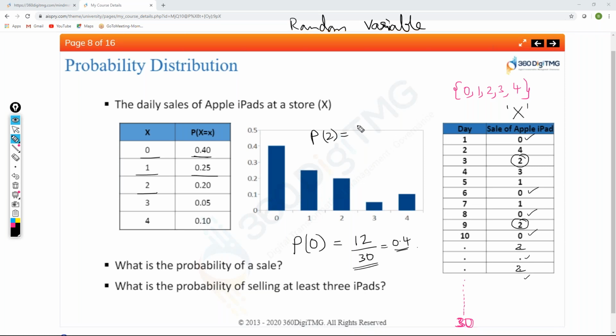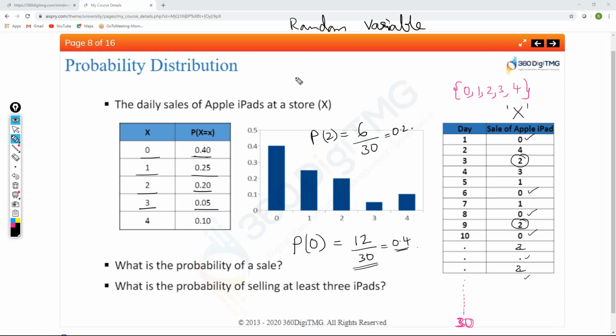Say you sold 2 Apple iPads on 6 days. Number of interested events is 6, divided by the total number of events, say we have 30 days of data, so you divide it by 30, and then you get 0.2. That's what is listed down here. Probability of selling 3 Apple iPads is 0.05.